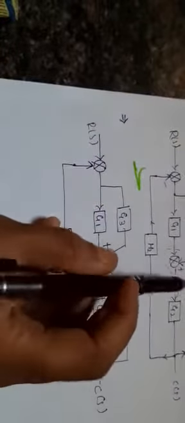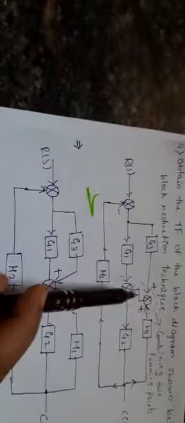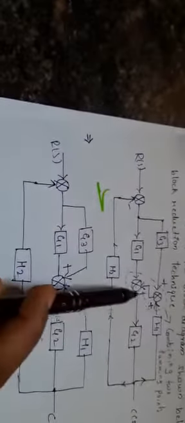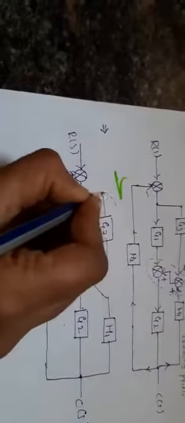Instead of two, we are combining these two summing points into one summing point according to the sign. Here plus plus, so plus plus plus plus. Now see how this combination is looking.